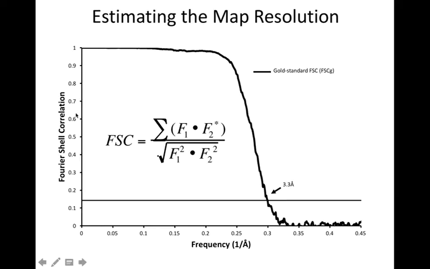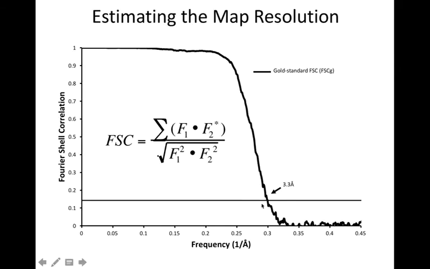And so this is a plot of this correlation function as a function of frequency. At low frequency, meaning low resolution, both density maps agree very well, close to 1. As the resolution gets higher, the 2 density maps become less similar, as shown in this fall off of the Fourier cell correlation.